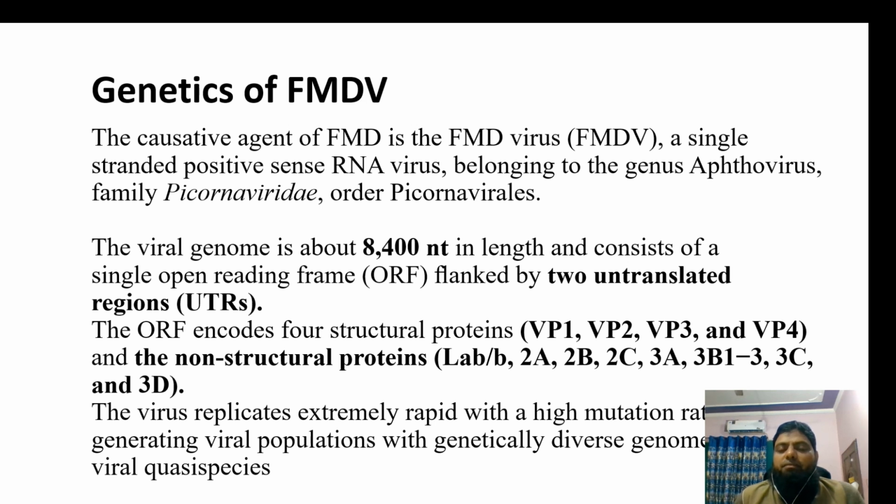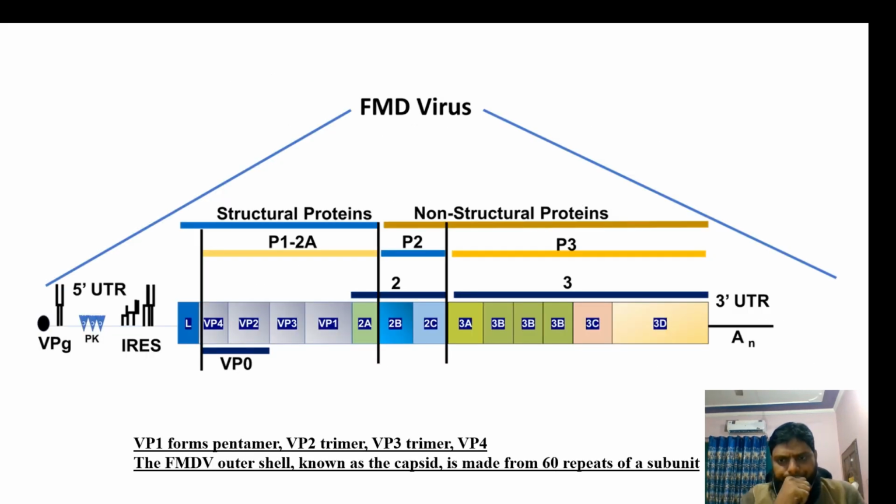The non-structural proteins can be detected through ELISA to differentiate whether the animal is infected with wild type virus, or whether the antibodies are due to vaccination. This is a good strategy to evaluate our vaccination campaigns, how successful we have been in reducing the virus burden and virus circulation within the population.